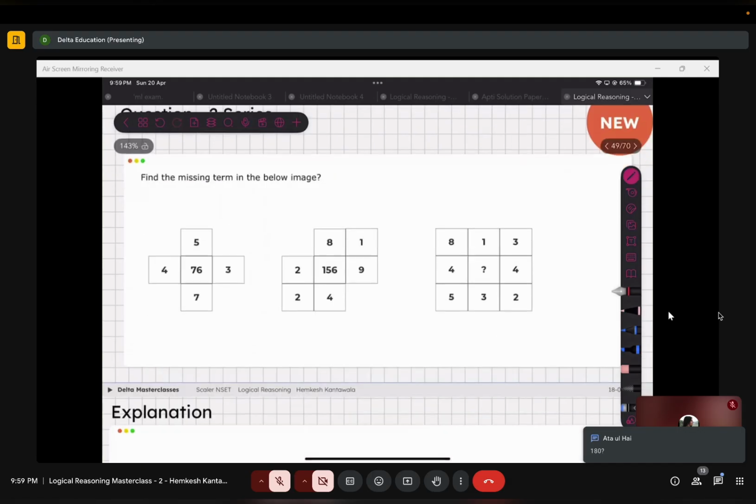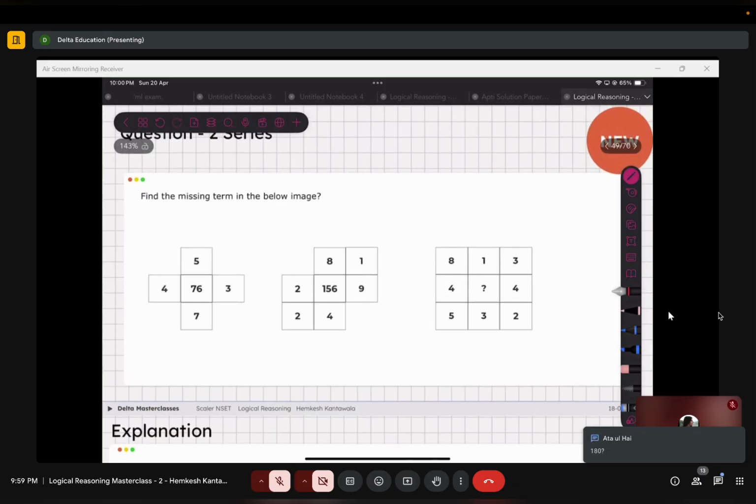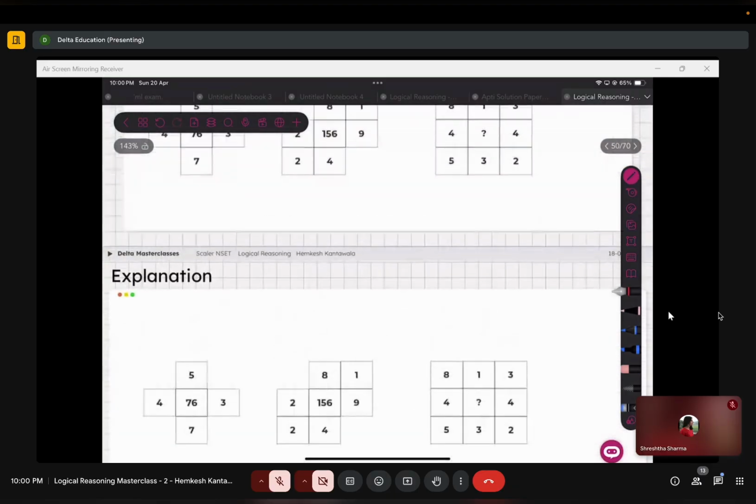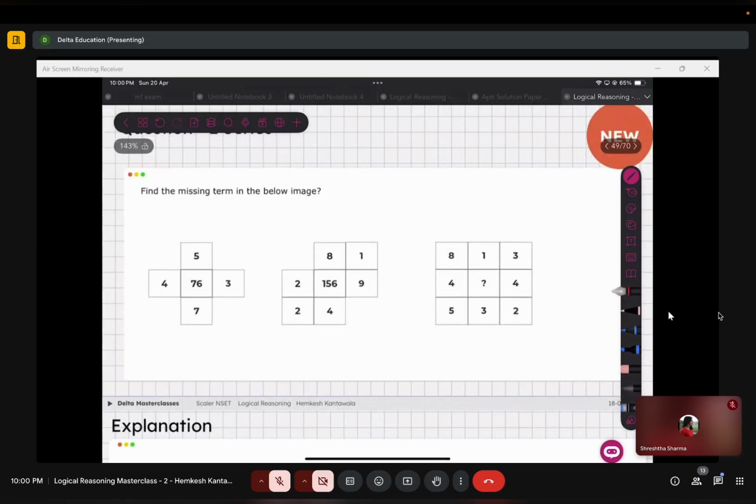180. Tell me your pattern. That's not the answer, but yeah. What is your pattern? Is the pattern satisfying? In the first diagram, the plus sign one, I added 5, 3, 7, and 4, which is 19.